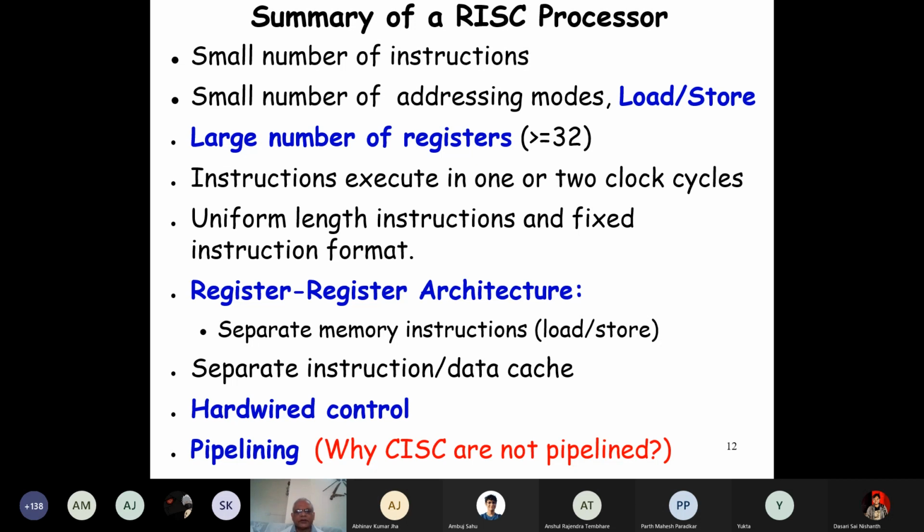Let's say all 3 operands are register operands, and from 32 you increase to 64 registers, then the size of the instruction will increase by 3 bits. Similarly, if it is 1024, the size of the instruction will increase by, let's say, 12 bits. So the instruction size becomes large.